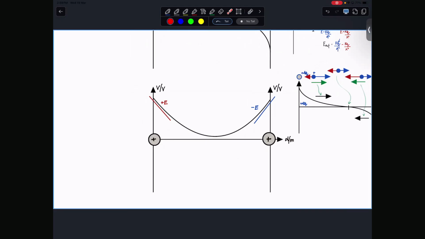If they're different charges, potential can't be 0. It's 0 only if they're like charges, equal in magnitude. So if this is plus q, it'll touch. But if it is plus 4q and q, it'll be a minimum. Equal like charges will touch 0, because the potentials are exactly equal to cancel out.